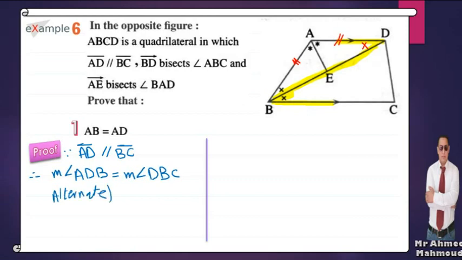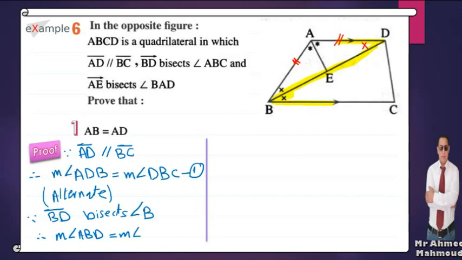I will call this one relation 1. Since BD bisects angle B, therefore the measure of angle ABD equals the measure of angle DBC.